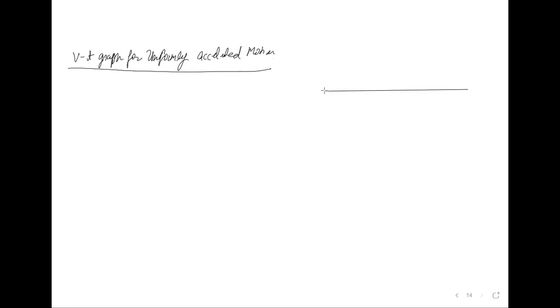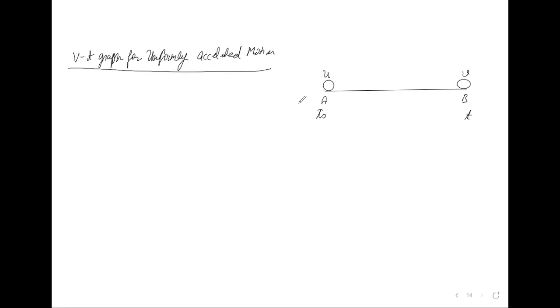Suppose that this is the motion represented by the initial and the final position of the object. Now students, velocity changes. The velocity initial was u and the final was v. A is the initial point. This is the final point. This is the time t naught, called initial time, and this is the final time.